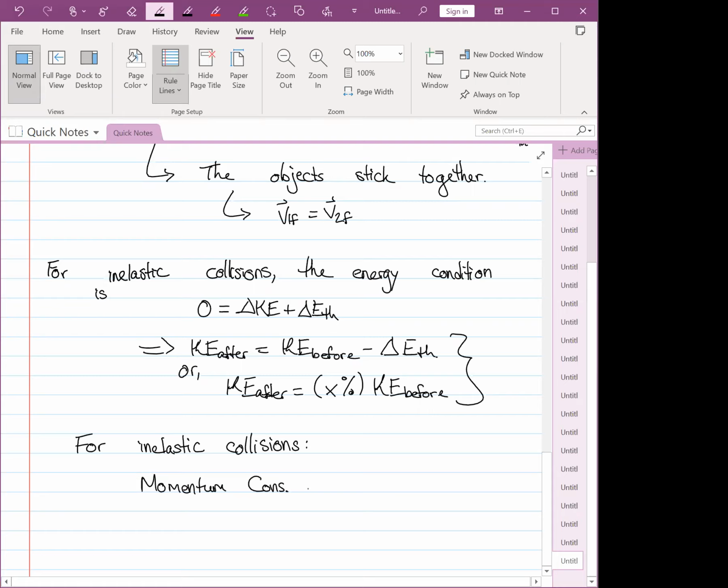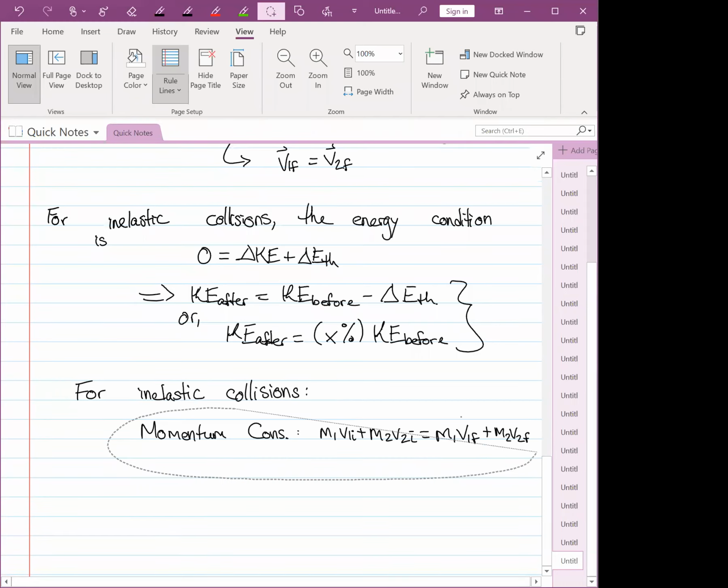By the way, these are one-dimensional results. We'll do two-dimensional after this. We get that m1 v1i plus m2 v2i equals m1 v1f plus m2 v2f. This is usually the same thing.